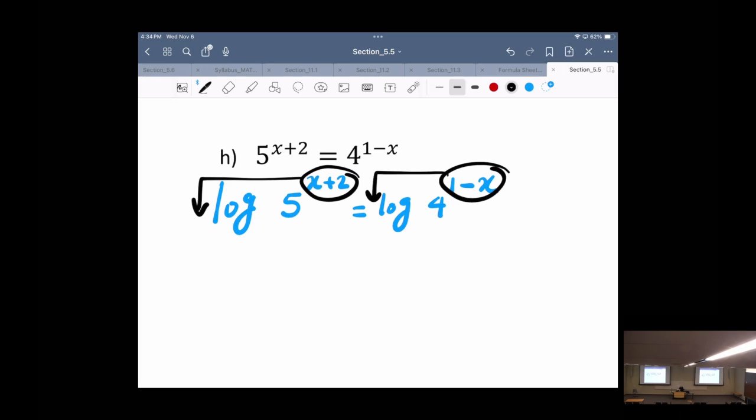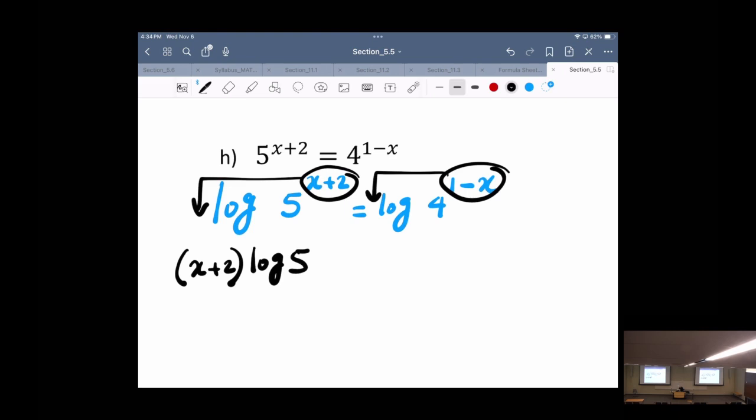In this case, putting that x plus 2 and 1 minus x in a parenthesis is not optional. You have to do it. If you don't put the terms inside a parenthesis, then your answer will end up not working out correctly. Okay, so put x plus 2 in a parenthesis, multiply it by log of 5.